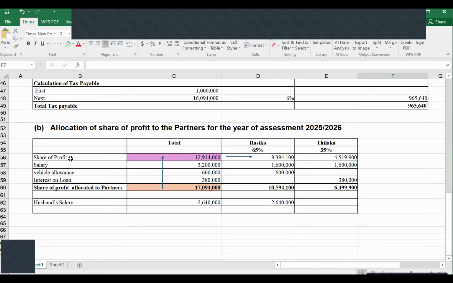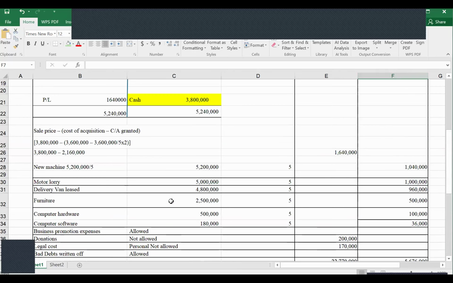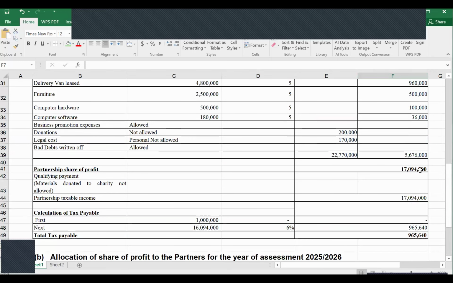First line, share of profit, we have to keep blank until we enter the other figures. Then salary, that is the disallowed amount. Then vehicle allowance. Then interest on loan. After that, we can include share of profit allocated to partners. It is here, 17,094,000.